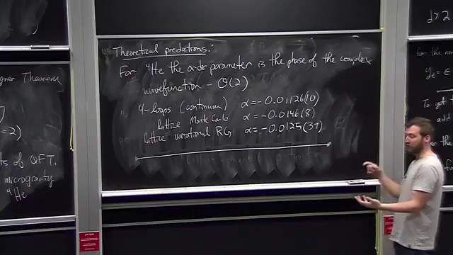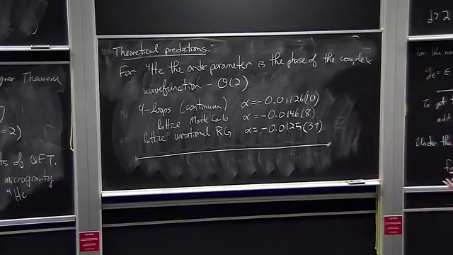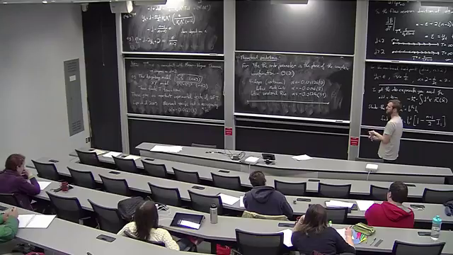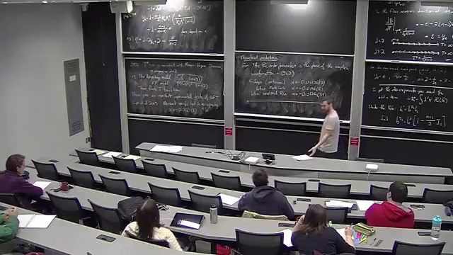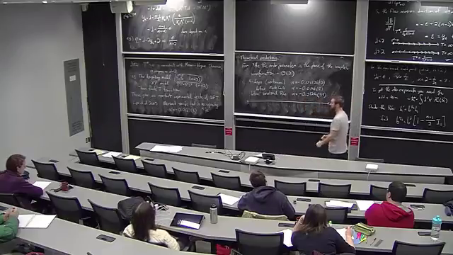It just has to do with the dimension, and the symmetry properties of, say, the order parameter and the invariance under group transformations of the original Hamiltonian. That's all that matters for universality.